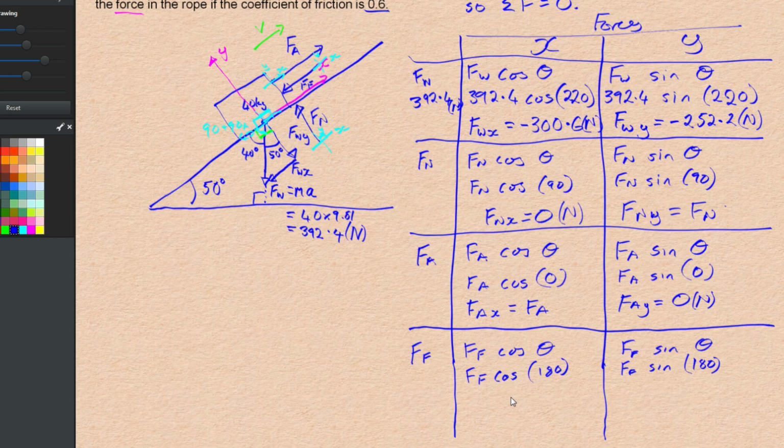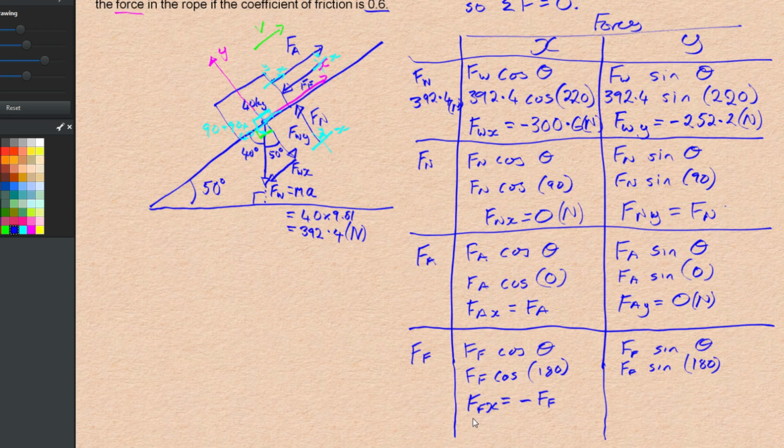Here cos of 180 should be -1, but I'll just double check. It's getting late. Yep, it's -1. So the friction force in the x direction, because it's telling me what direction is up there, is equal to minus the size of the friction force. Remember the size of my vector here can only be positive because it's the length.